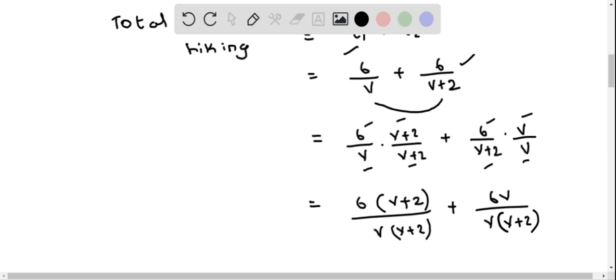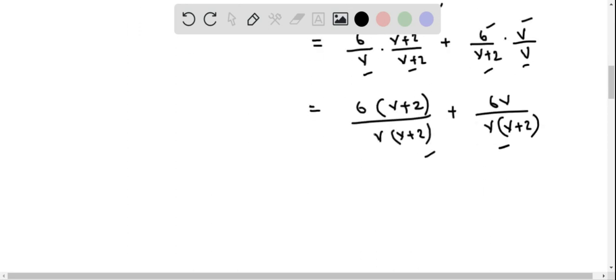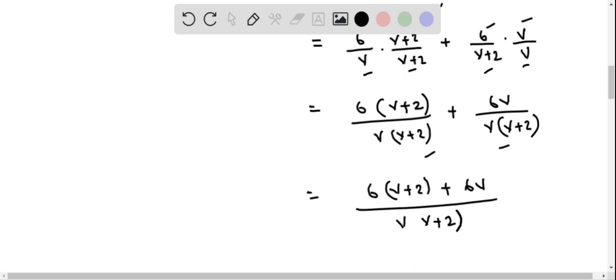Now we have a common denominator in both rational expressions, which means we can combine the numerators. That is 6 times v plus 2 plus 6v, divided by the common denominator, v times v plus 2.